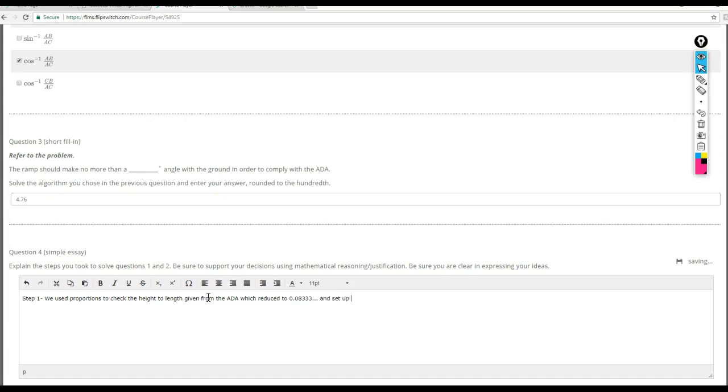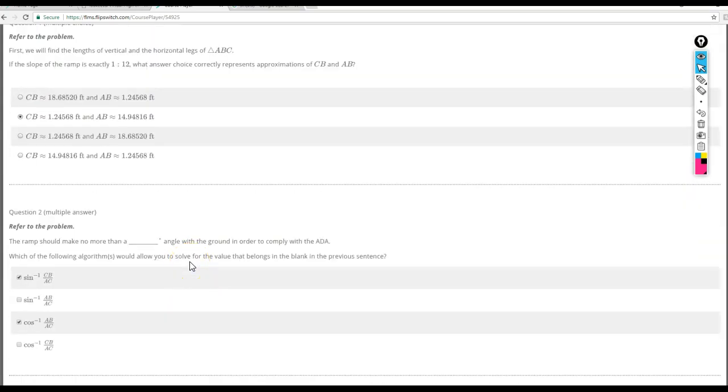And set up the same proportion of height to length from the given options, and found which one reduced to exactly 0.083 repeating. So that was how we found our height and our length. Step 2, how did we solve step 2?